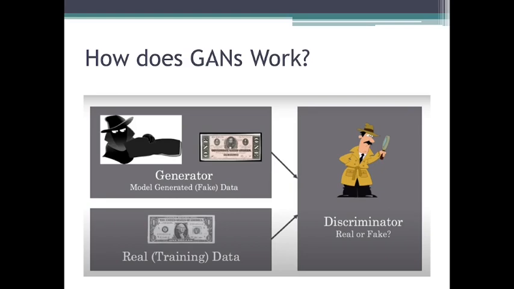We then start a game and keep track of who is doing a good job and a bad job. If the discriminator can easily distinguish between the real and fake $1 bill, then we will update our generator to do a better job. If the discriminator is failing and cannot tell the difference, then we will update the discriminator to do a better job.